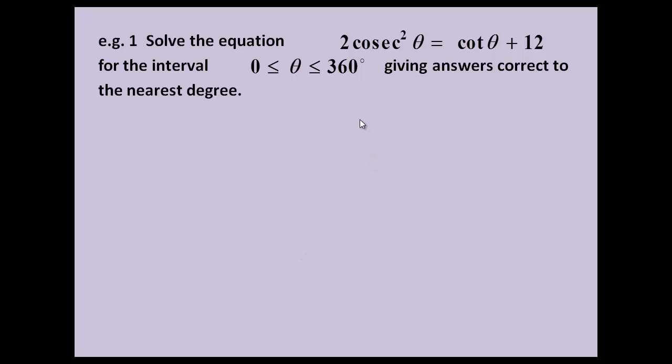Now remember the method we use to solve these sort of problems. We're driven by the linear term because that's the term we're going to struggle to change. Remember when we were dealing with sine squared theta plus cos squared theta, it would be the squared term we would try and change. Do we have an identity that links cosec squared and cot squared maybe?